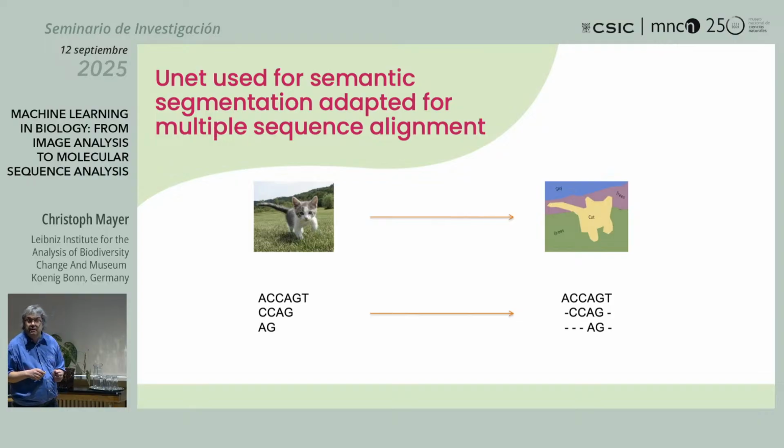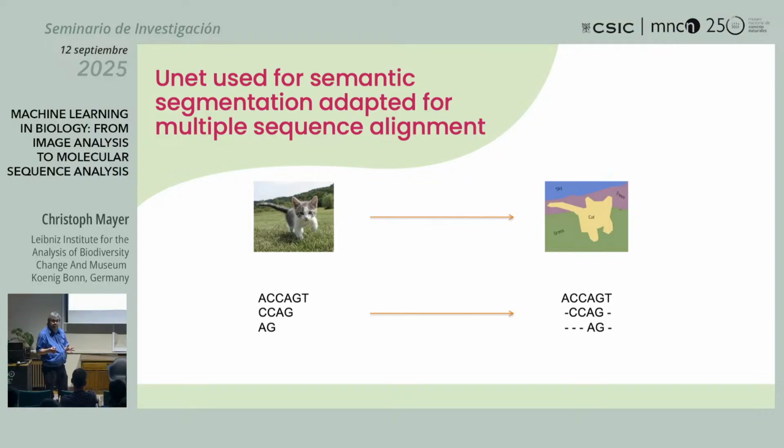That's a sequence, 4 sequences here, and 3 sequences. And the alignment could be seen as the image that we want to transform this into. And so we use these segmentation neural networks and just applied them to sequences. And that works quite well here.